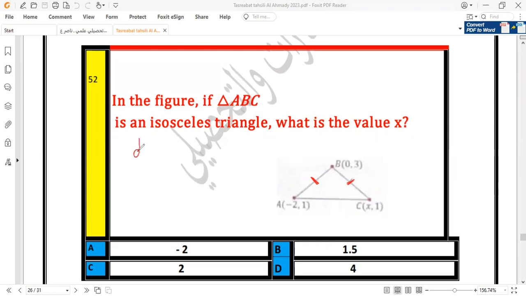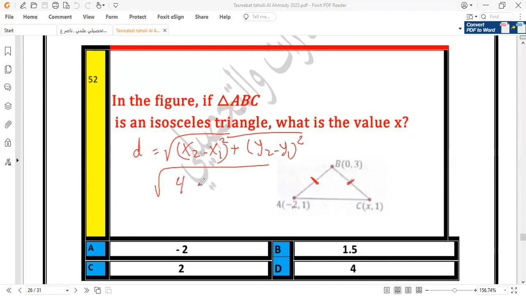How to find the distance between two points: the square root of x2 minus x1 squared plus y2 minus y1 squared. So here x2, negative 2 minus 0, is negative 2, squared is 4. 1 minus 3 is negative 2, squared is 4. It's going to be the square root of 8. This side is the square root of 8.